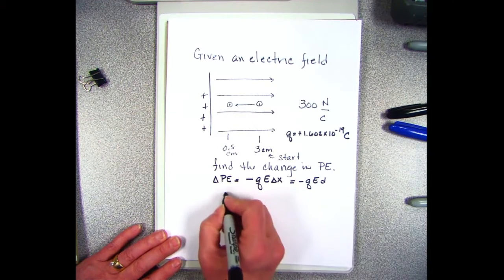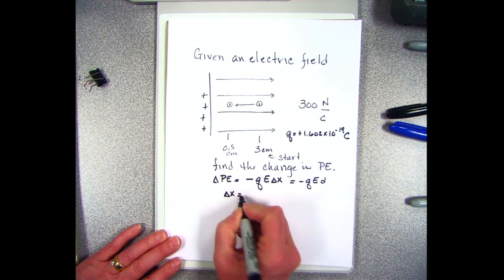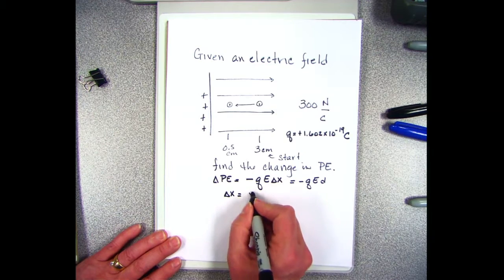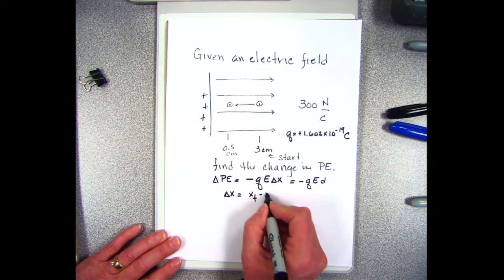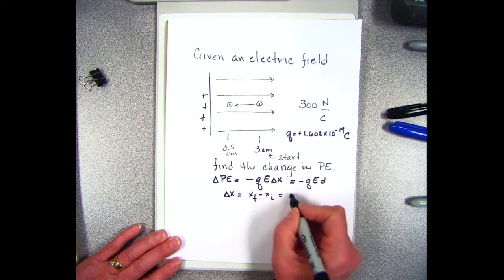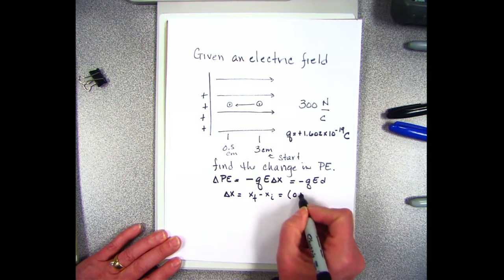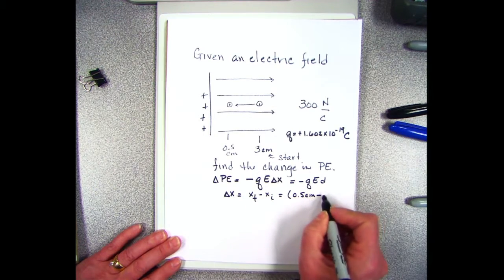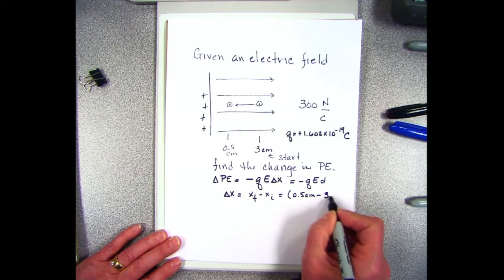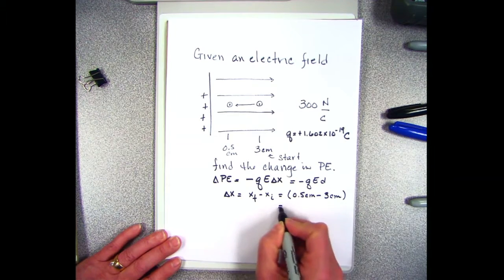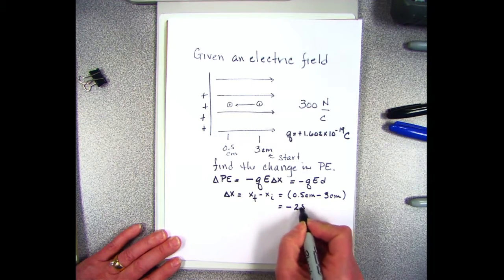My X final is 0.5 centimeters. My X initial is 3 centimeters. So my change in X is negative 2.5 centimeters, or negative 0.025 meters. So I have my change in the right units.